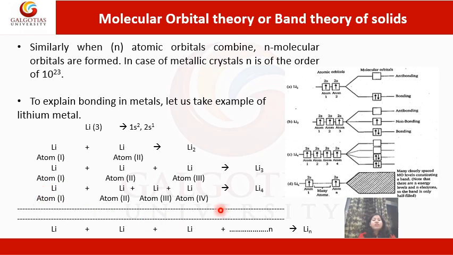When four lithium atoms combine, four molecular orbitals are formed, of which two are bonding and another two are anti-bonding. Similarly, when n lithium atoms combine, n molecular orbitals are formed.